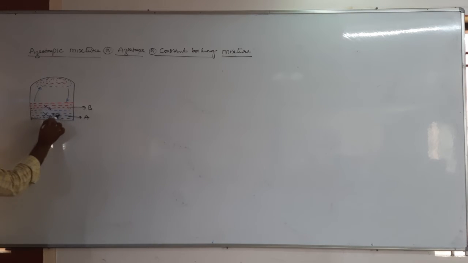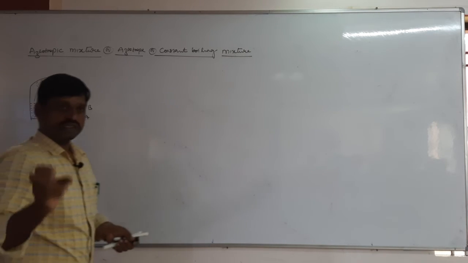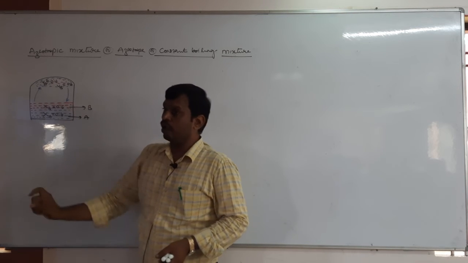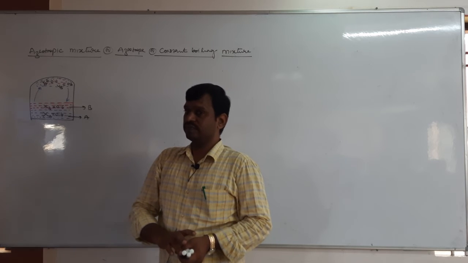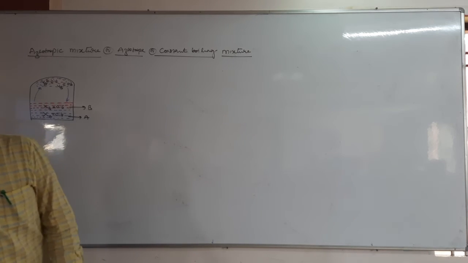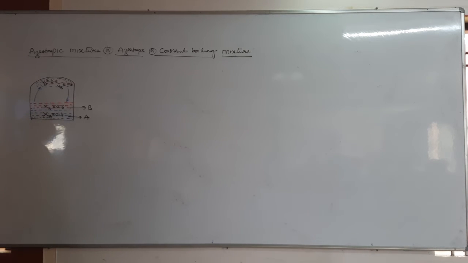If XA equals 0.4 and XB equals 0.6, then in vapor phase YA should be 0.4 and YB should be 0.6. It means a binary solution which has the same composition in liquid as well as in vapor phase and boils at constant temperature. They must boil at constant temperature at a specific composition, which is called an azeotropic mixture.